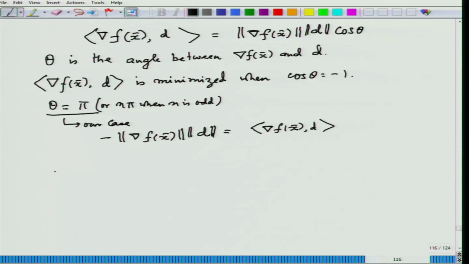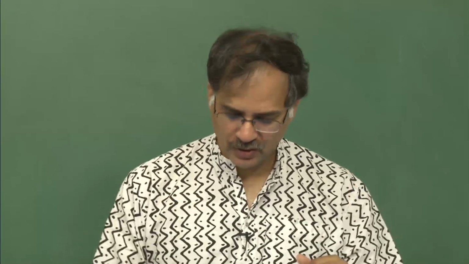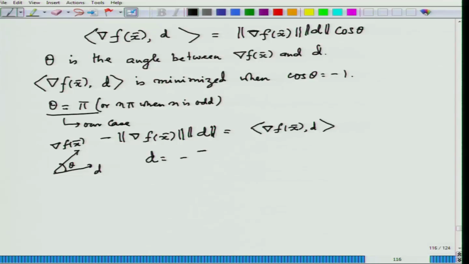Because theta is equal to pi, grad f x bar and d are in opposite directions. So, d is the negative of grad f x bar. That is the required d for which this functional value would be minimized, and this would be the value.